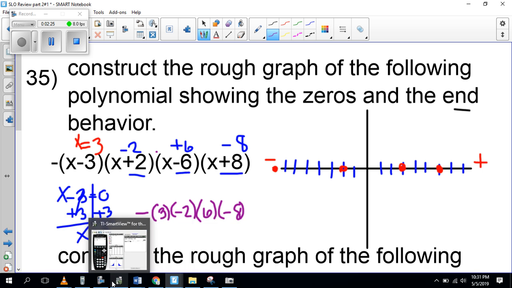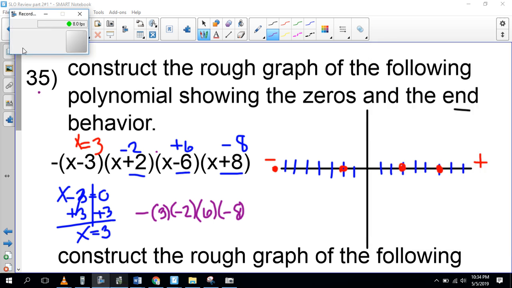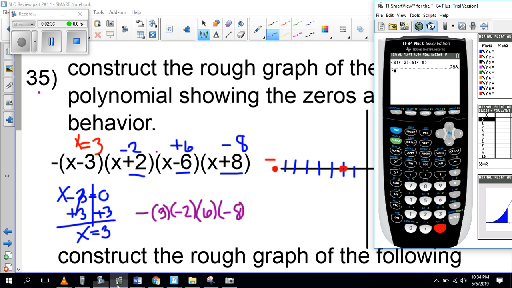So I'm going to bring up my calculator and put this in. I put my negative sign in first, including the negative. So negative, parentheses, 3, parentheses, negative 2, parentheses, 6, parentheses, negative 8. And we should get negative 288.